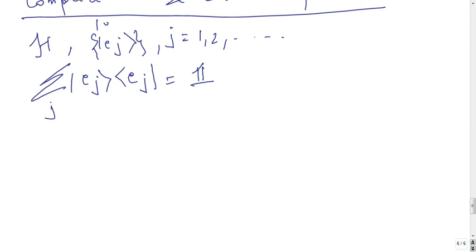Okay, this is of the dimension of the Hilbert space. This summation also runs from 1 to the dimension of the Hilbert space. Okay, it will give us the identity operator.